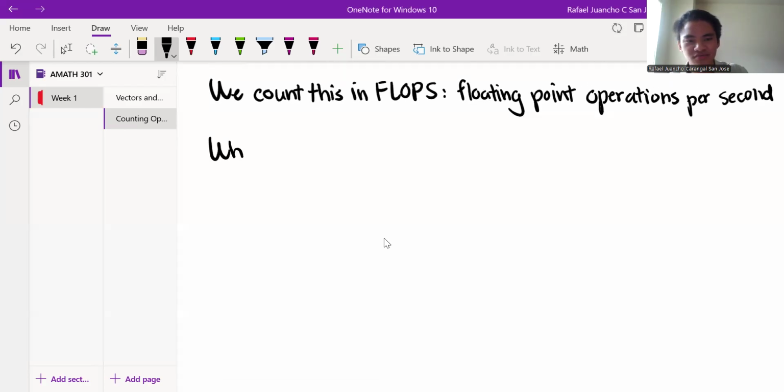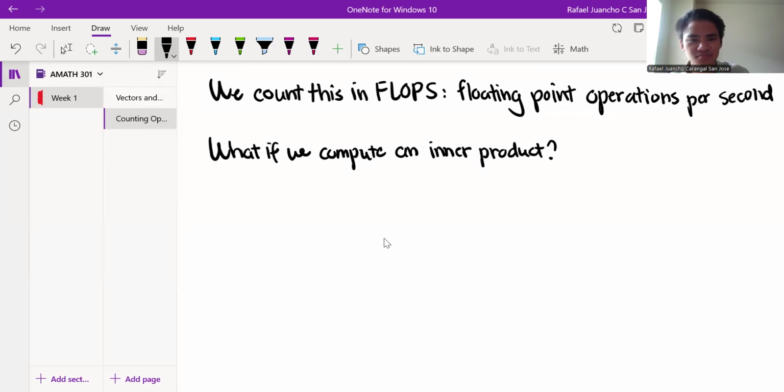So what if we compute an inner product, right? Let's say we want to compute an inner product of two vectors. Let's say we have vector v, which has n dimensions, so n rows.